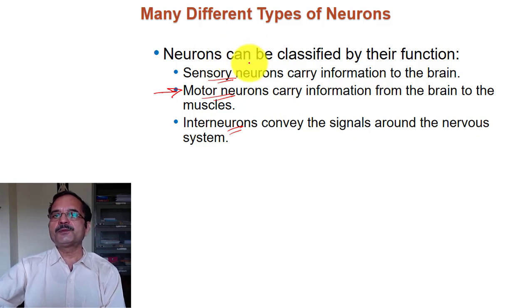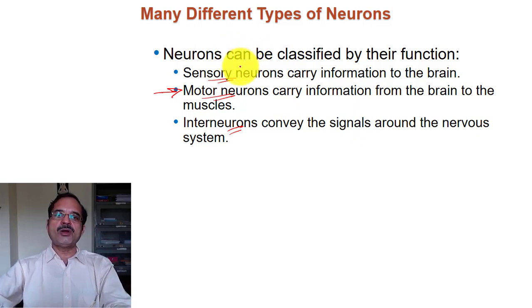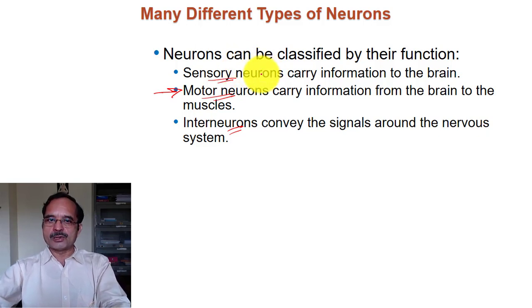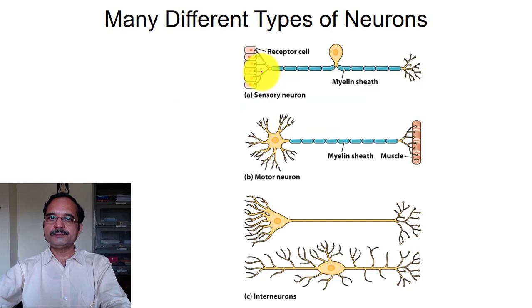So these are the different types of neurons: sensory neurons, motor neurons, and interneurons. You can see this in this diagram: the sensory neuron, motor neuron, and interneuron.